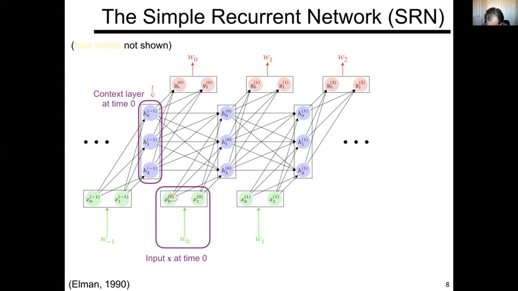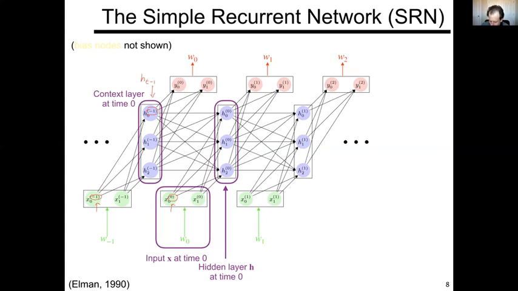So this is the time step 0 input x. This is the time step -1 input x. And this is the time step -1 hidden layer h. So this is h sub t minus 1. That is going to serve as the context input for the hidden layer h at time 0.